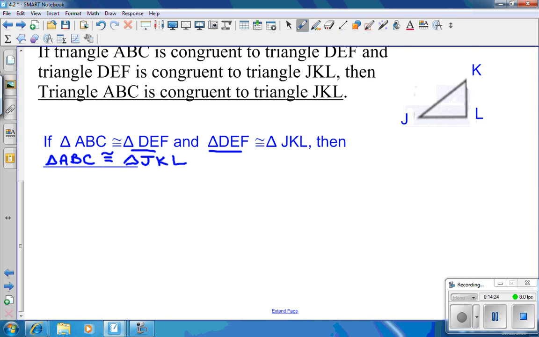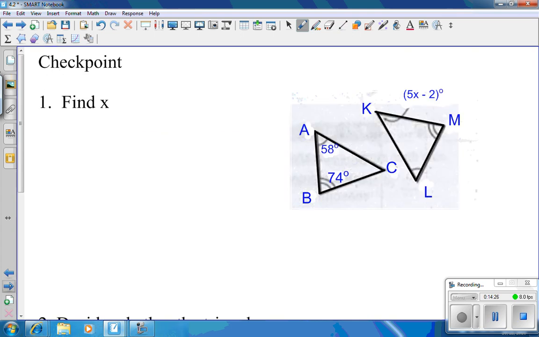All right, last 2 problems on this section, which we're covering multiple sections. So we want to find X. Look at your problem and see where X is located. X is that angle K. So I've got to find the angle that matches angle K. Which would that be?